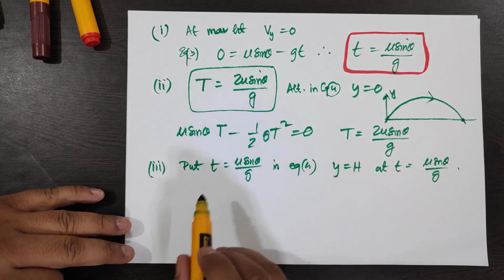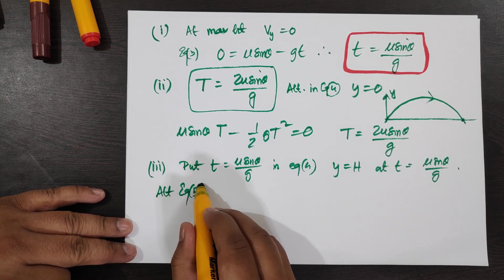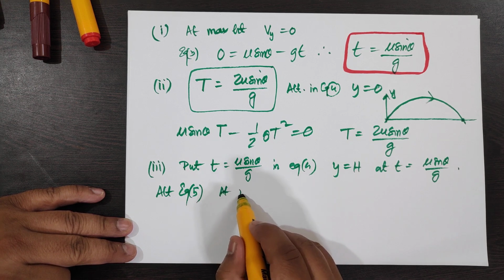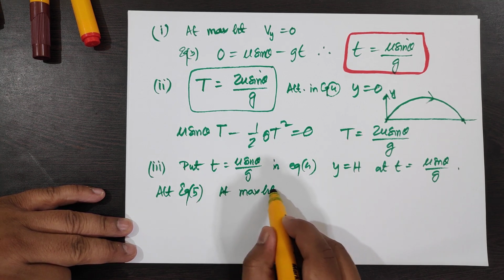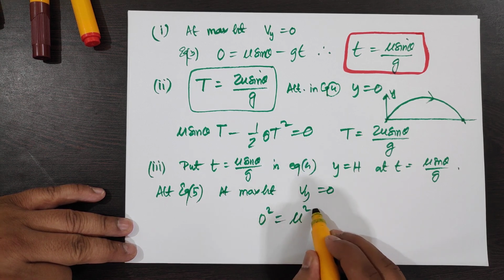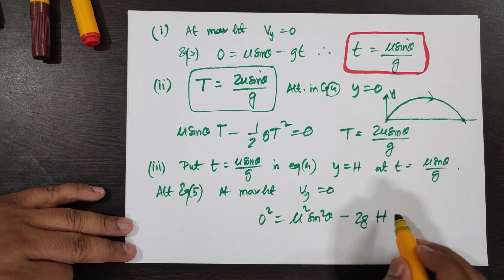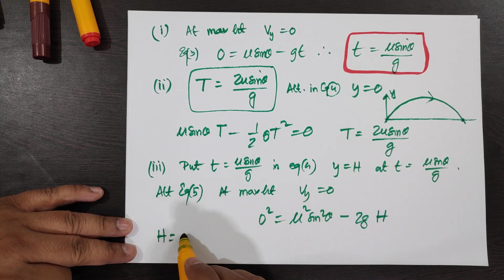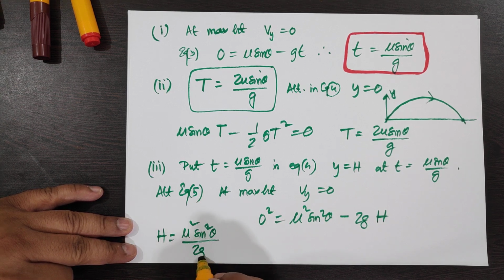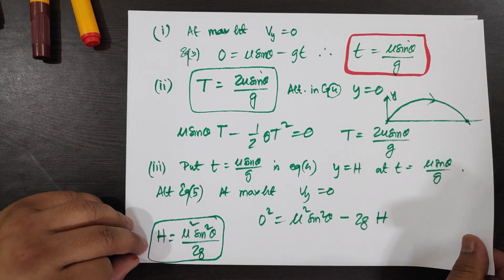Or you can use equation 5: at maximum height, vy equals 0. So 0 square equals u square sin square theta minus 2g, and y is equal to h. So h is u square sin square theta by 2g. That is the maximum height.